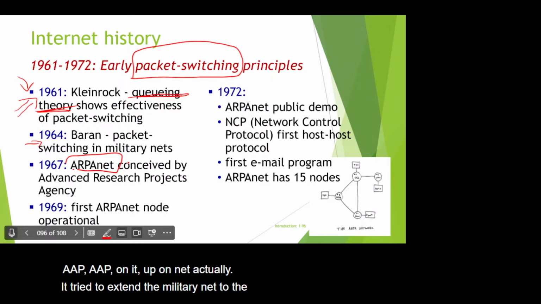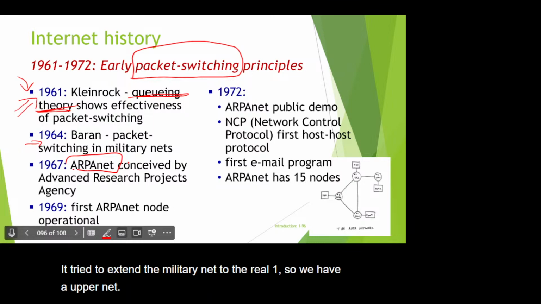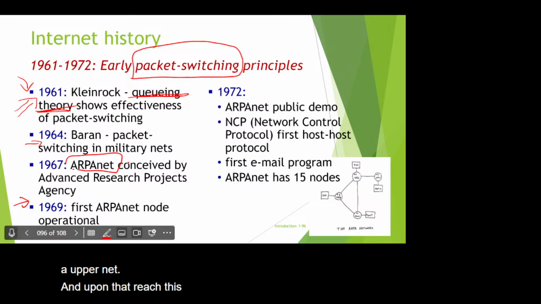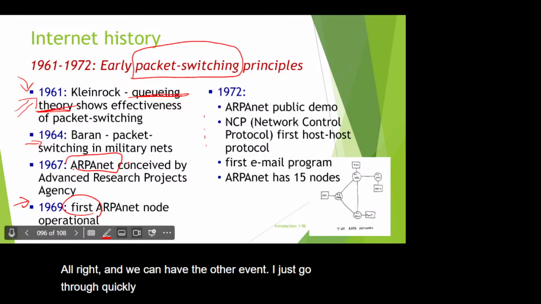So we have ARPANET, and by this year we have the first node only. All right, and we can have the other events. I just go through quickly. So during these years, we have the early packet switching.